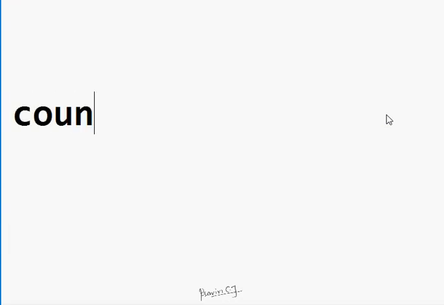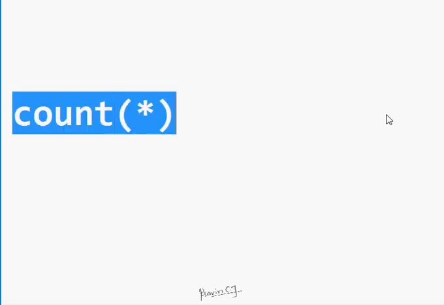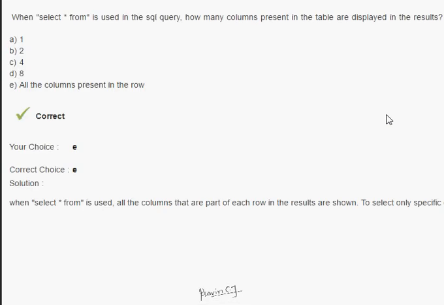COUNT of star, have you tried COUNT of star? What does it give you? Write in the comments what that command gives us. It gives you all the values, including nulls and everything.